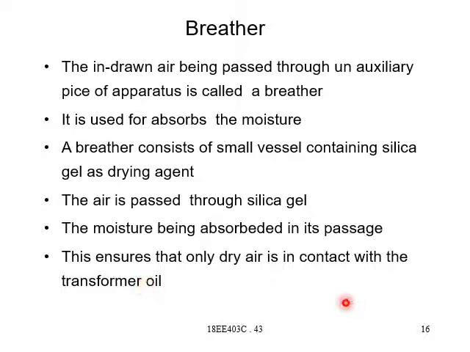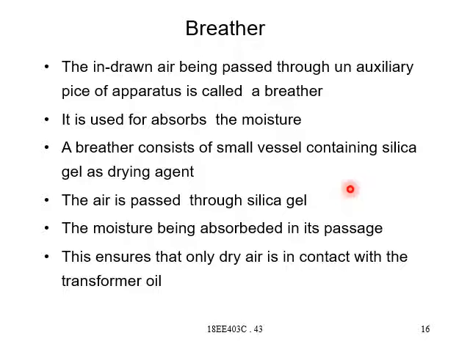So I hope you have got this point about the breather: the indrawn air is passed through an auxiliary piece of apparatus called a breather, and it is used for absorbing the moisture. A breather consists of a small vessel containing silica gel as drying agent. This silica gel you may have seen in parcels. When we get some parcels, in order to keep them fresh and dry, sometimes they use silica gel packets in the parcel.